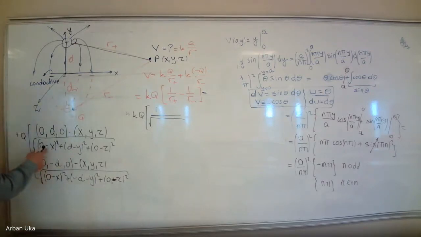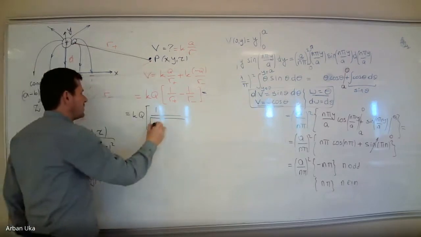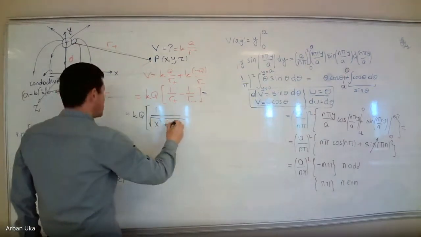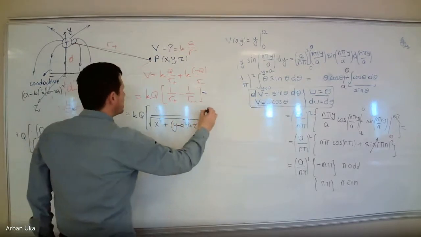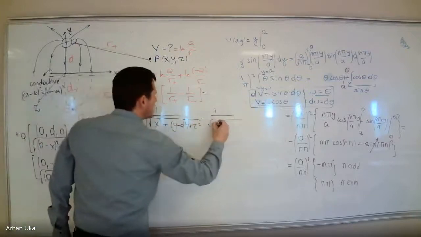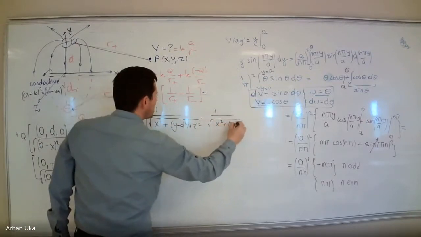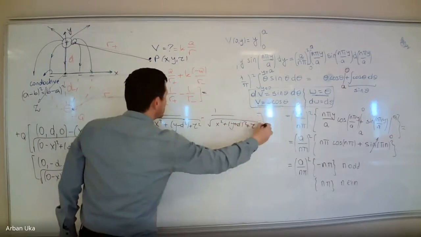Now, we know that a minus b squared is equal to b minus a squared. So we can rewrite this as one over the square root of x squared plus y minus d squared plus z squared, minus one over the square root of x squared plus y plus d squared plus z squared.